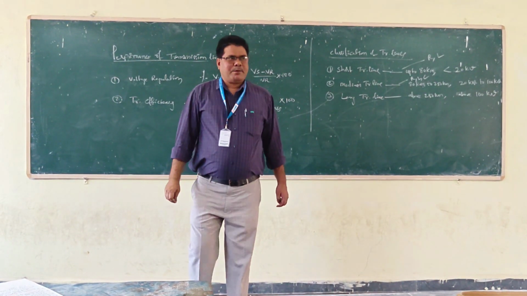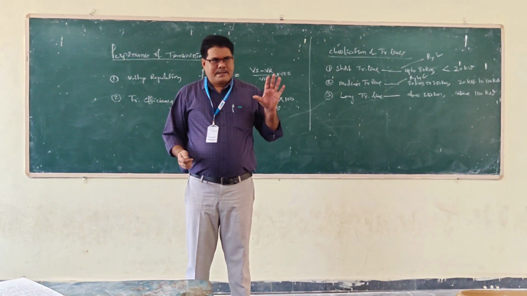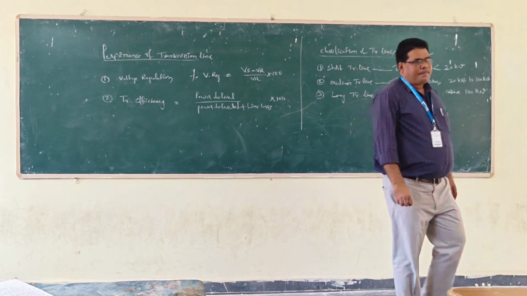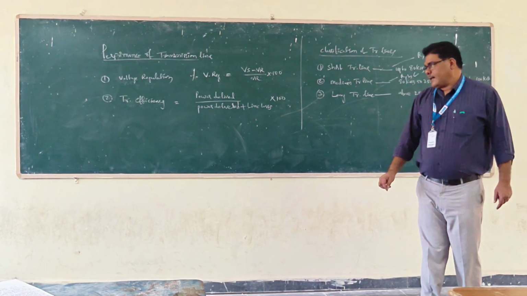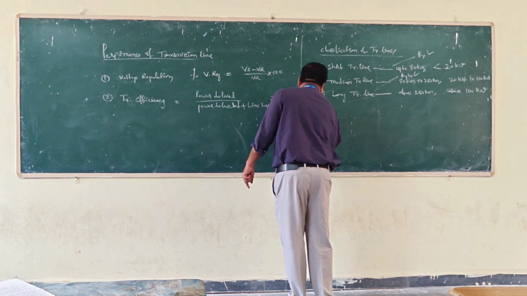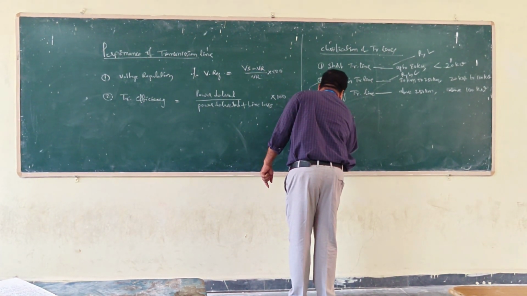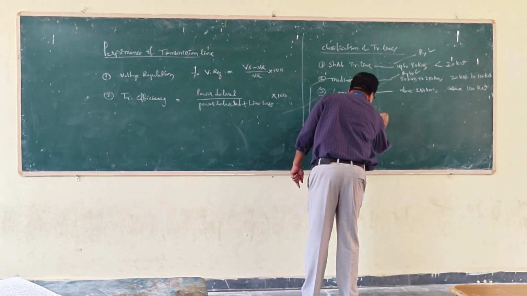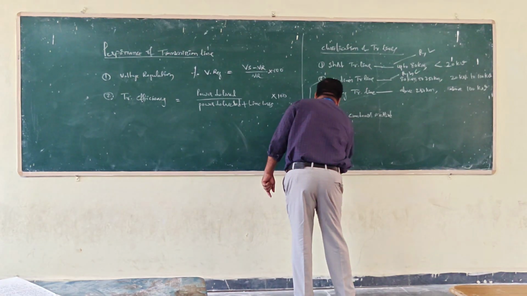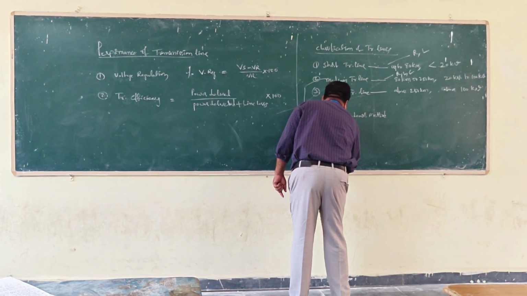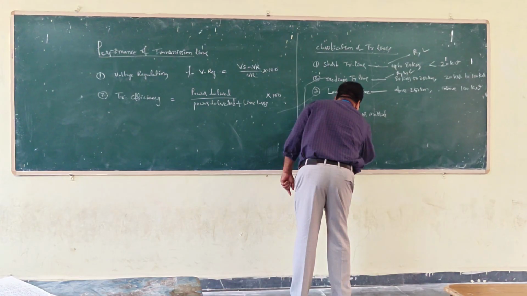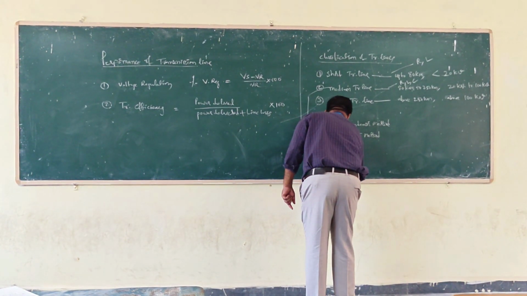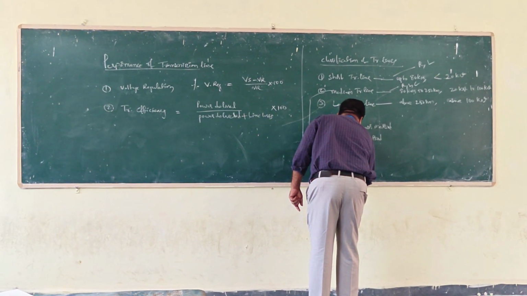While studying the performance of a medium transmission line, there are three basic methods. One is the end condenser method, the second is the nominal T method, and the third is the nominal pi method.